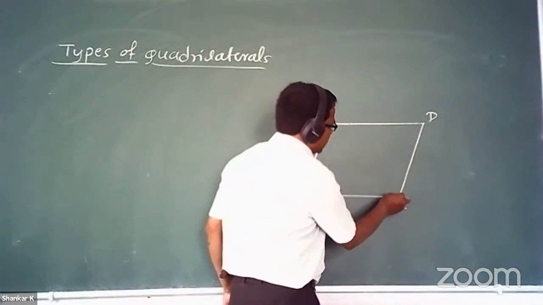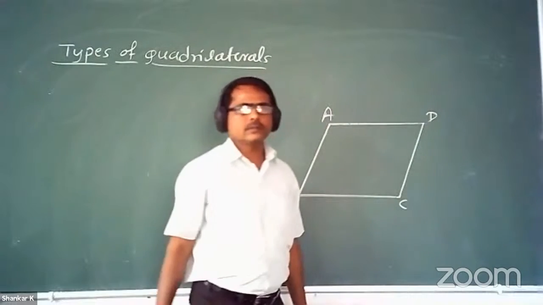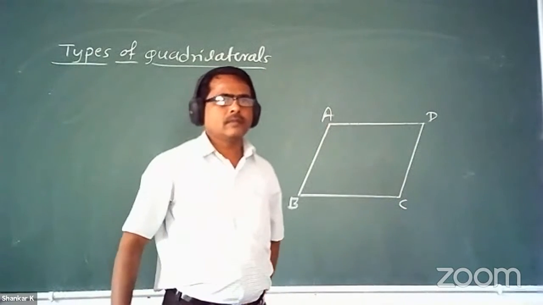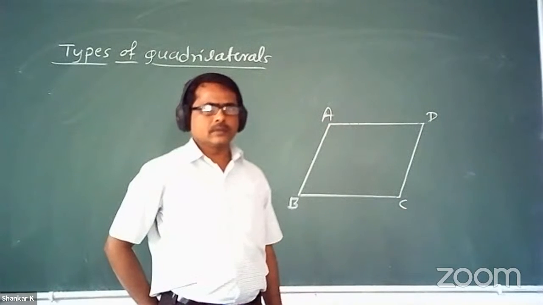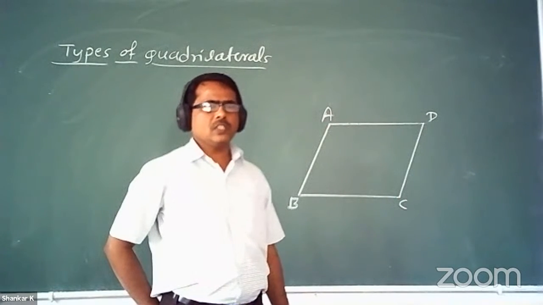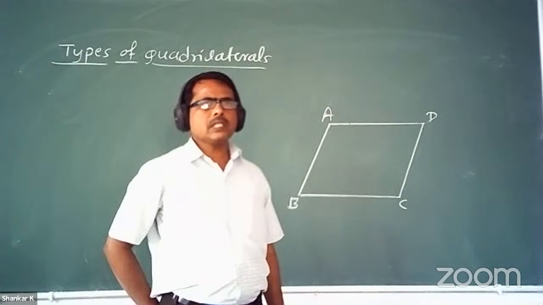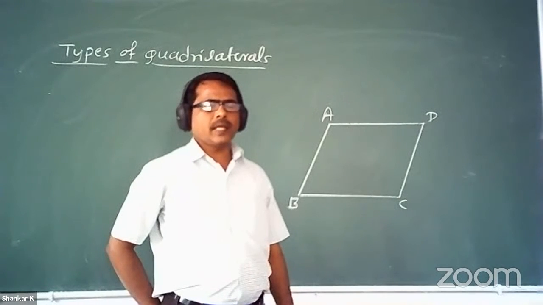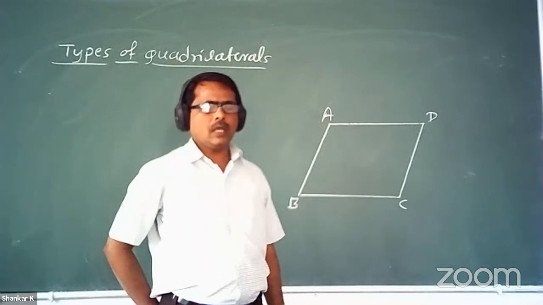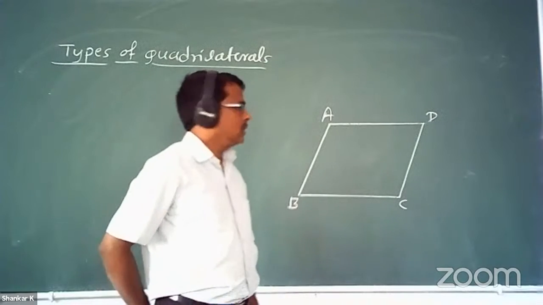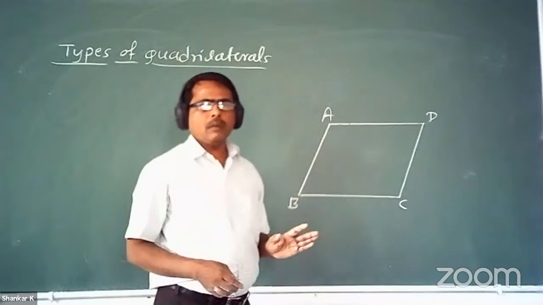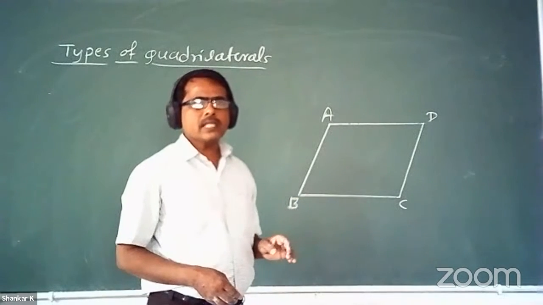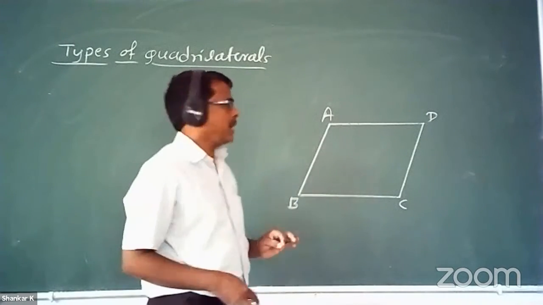A parallelogram is a quadrilateral. Correct? The first point is that it is a quadrilateral in which opposite sides are parallel. So its definition is: a quadrilateral in which its opposite sides are parallel is a parallelogram.